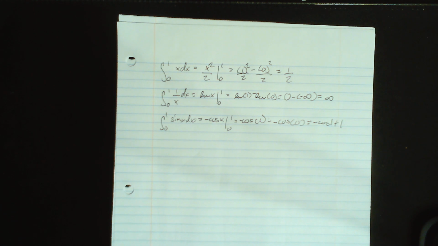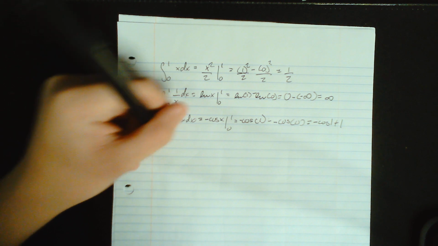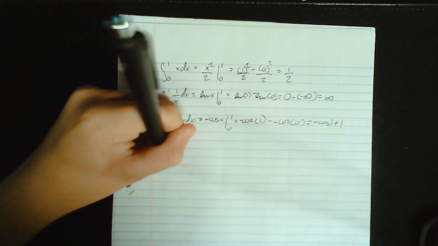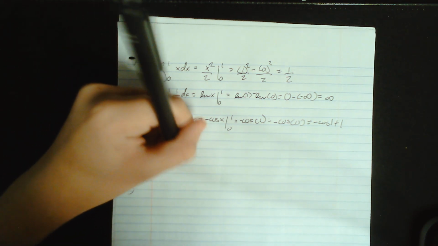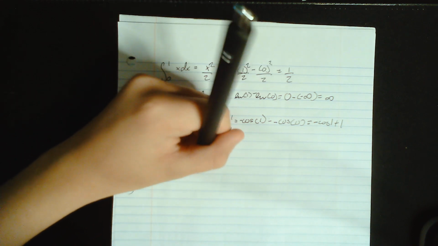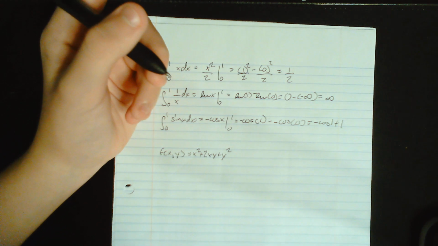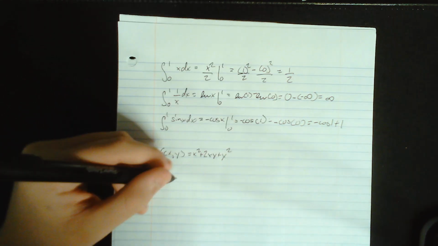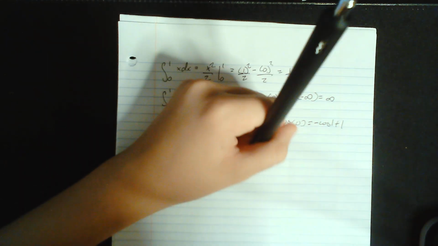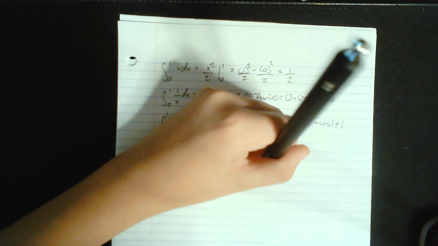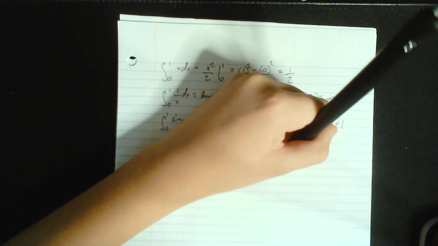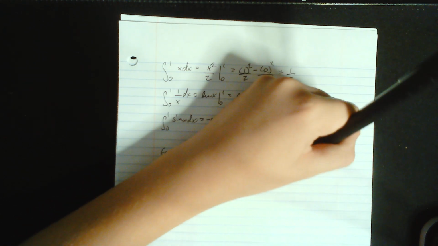Now, we can actually extend this topic to double integrals. So if we were to have something like, say, f of x, y equals x squared plus 2xy plus y squared, what we can do is have a double integral from 0 to 1 of f of x, y dx dy.